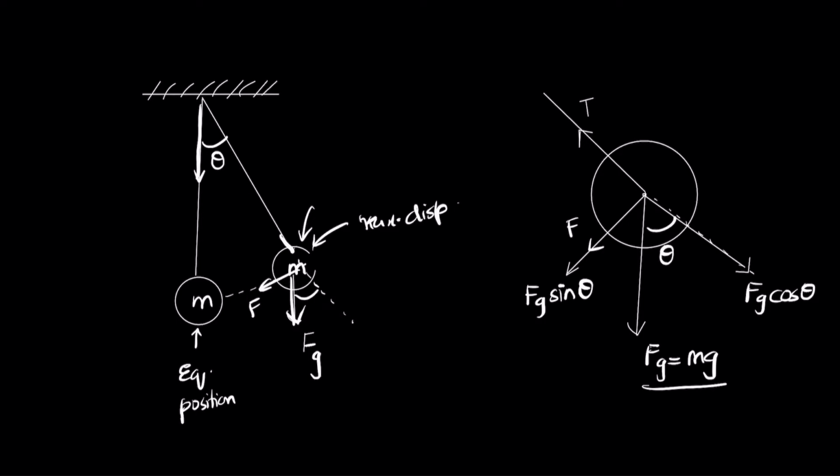Now from the laws of mechanics, we can simply say that tension equals Fg cos theta. And notice that here there are two forces: there is the restoring force and there is the applied force. So let's consider this is the applied force. So the applied force equals Fg sin theta.